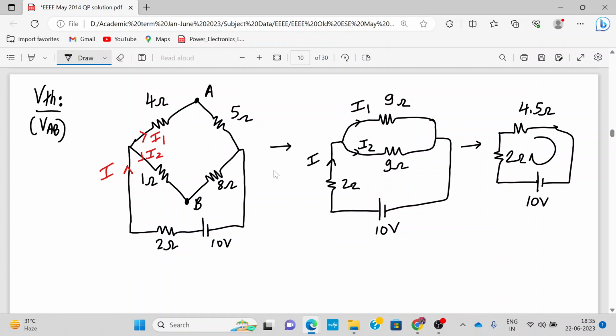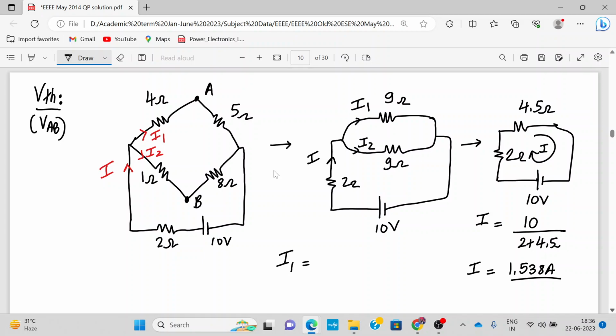If anyone wants to calculate current I, how much is I over here? 10 volt divided by 2 plus 4.5, correct? So how much will be I here? Can anyone calculate? 1.538 amperes.